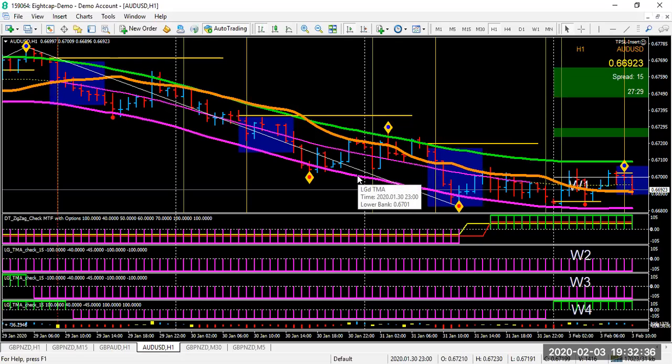Okay, so I did give trailing stops that you can use through it. So for Aussie, it's 15 pips. So those trades that didn't quite get to 40, 15 pips would have kicked in.